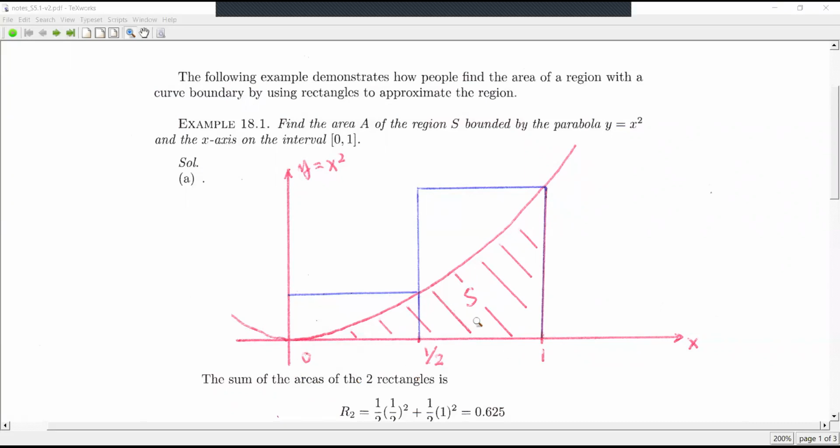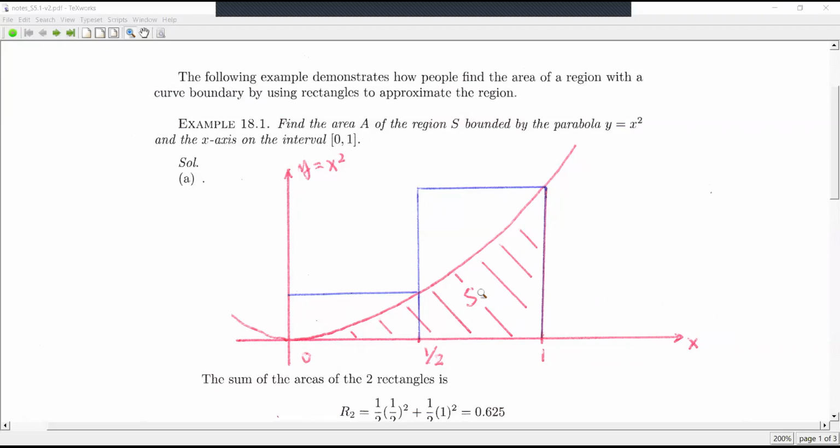This region is a general region, not a simple region, because the top boundary is a curve, a parabola. It is not a straight line. If the top boundary is a straight line, the region is just a triangle. Its area is easy to tell.